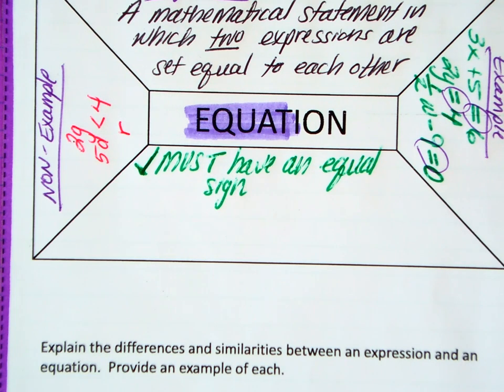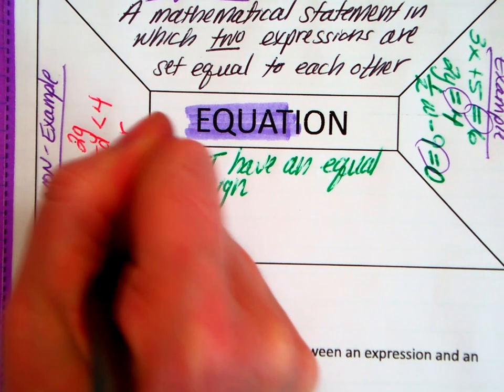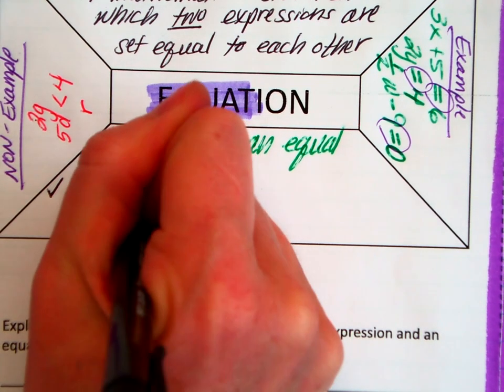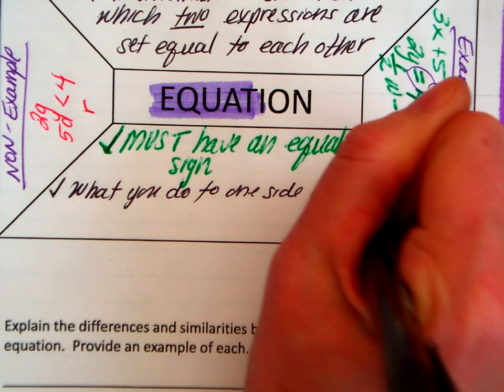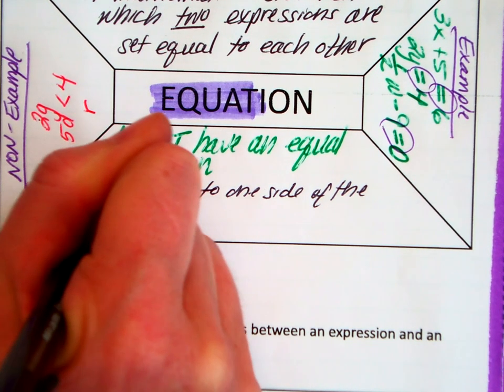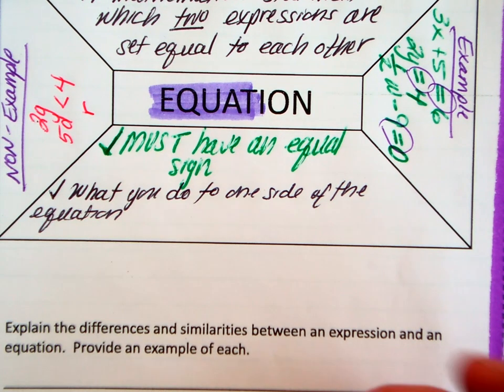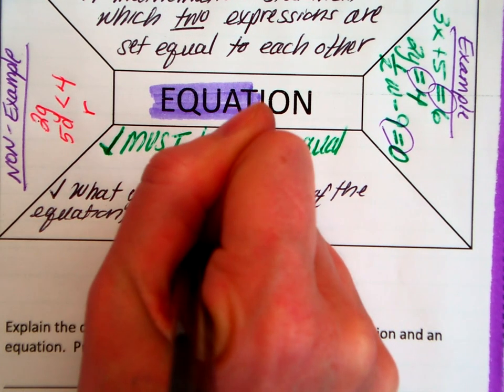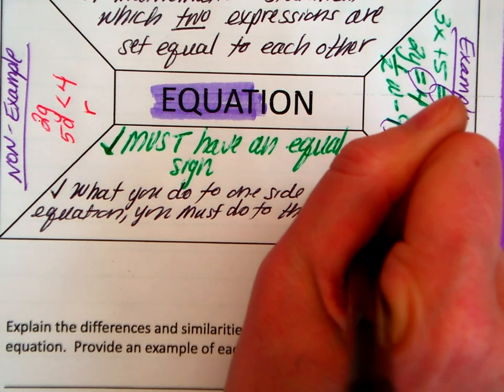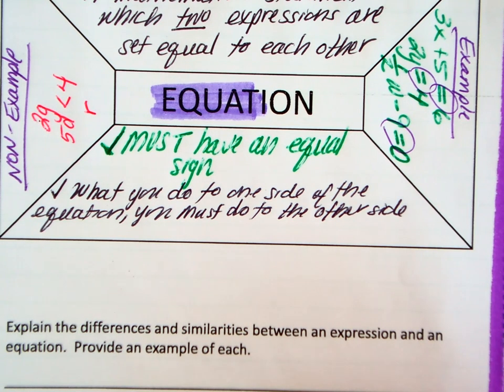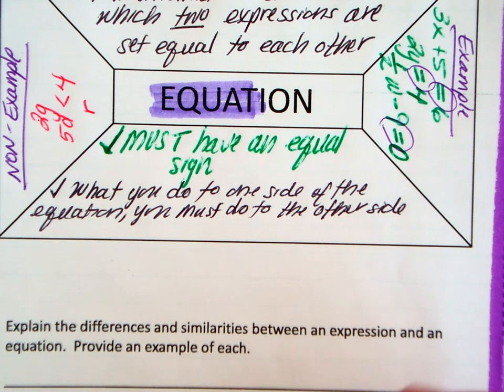Rule number 2. What you do to one side of the equation, you must do to the other side to create an equivalent equation.